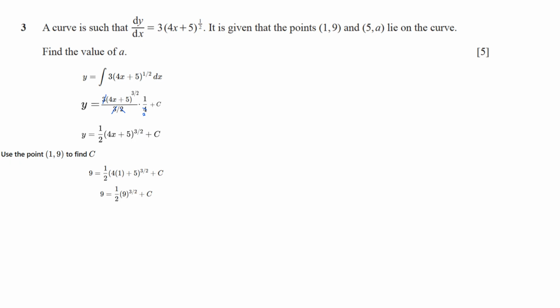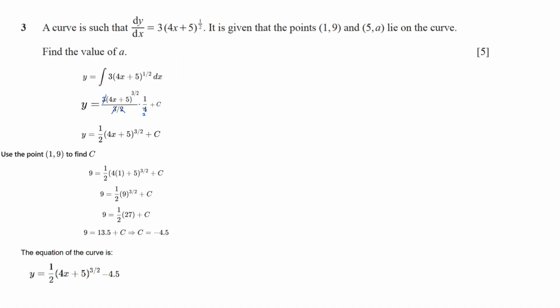So 9 is equal to 1 over 2 times 4 plus 5 is 9, 9 power 3 over 2 plus c. 1 over 2 times 27 plus c, which is nothing but 9 is equal to 13.5 plus c. So c value is 9 minus 13.5, which is negative 4.5.